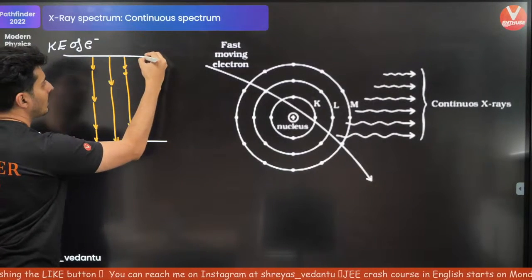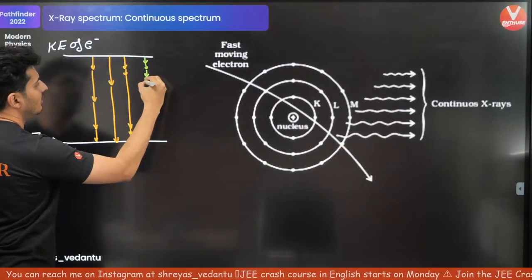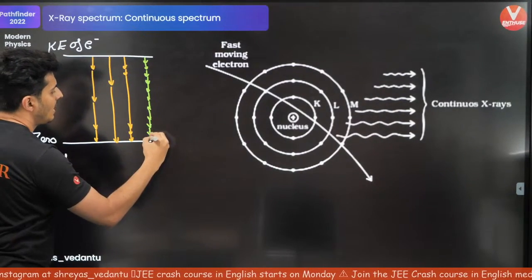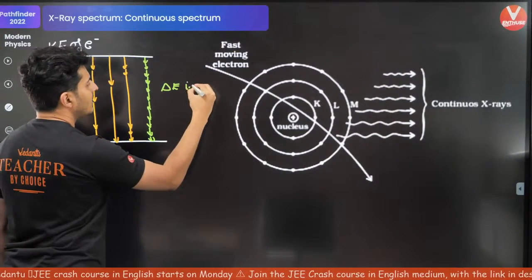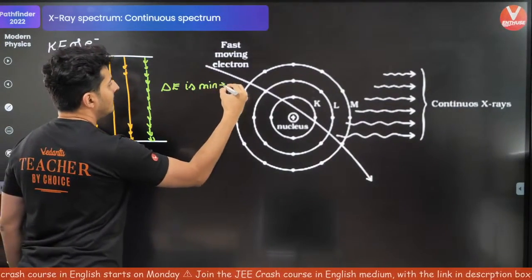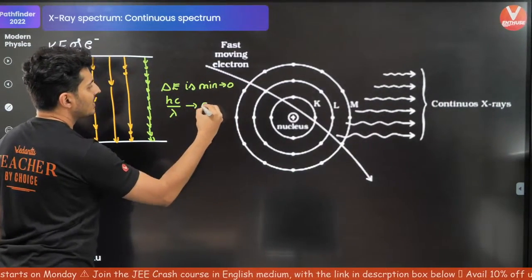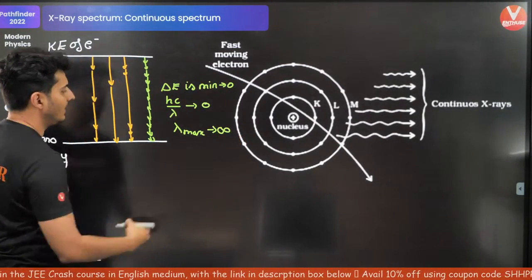Number one, it loses energy in small amounts. So many deflections, and in this case delta E is minimum and tends to 0. So hc by lambda tends to 0, so lambda max tends to infinity.